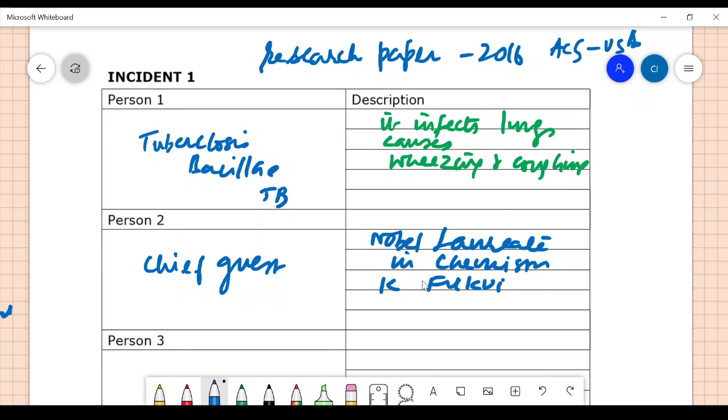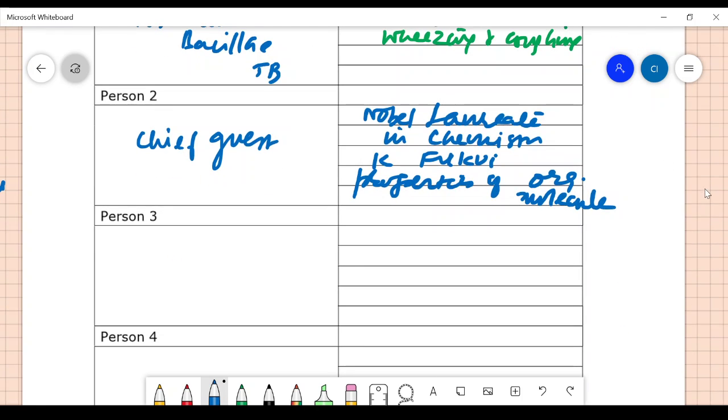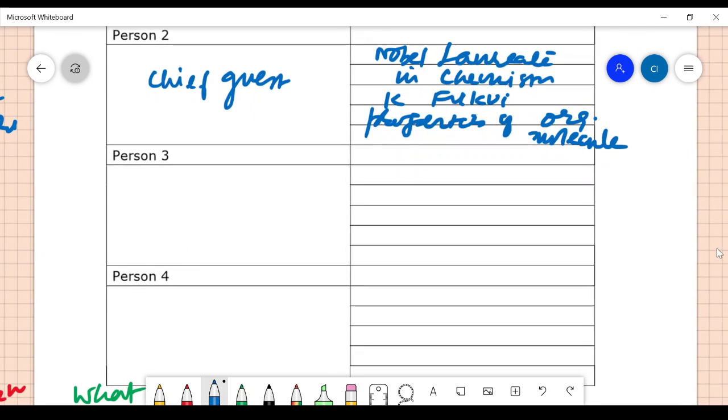So he just told about the properties of some organic molecules. He was telling this before the start of the session. Because it was an international forum, I was very much afraid and very nervous, and it was my first overseas presentation. So I did not know how to give it. And before me, there were two persons who gave the lecture.